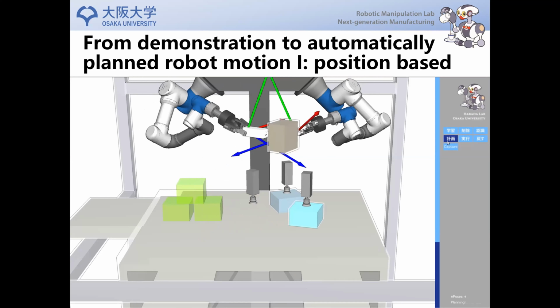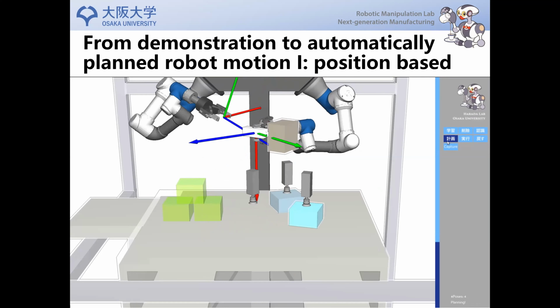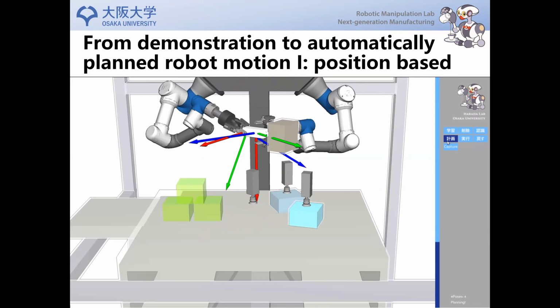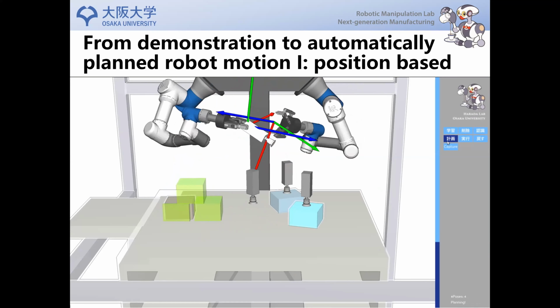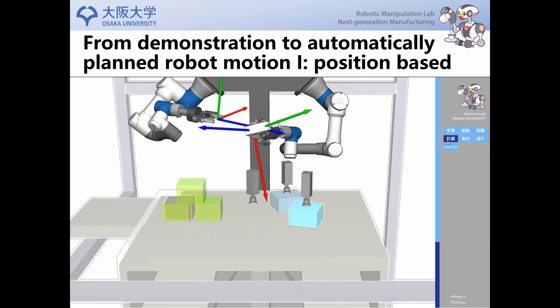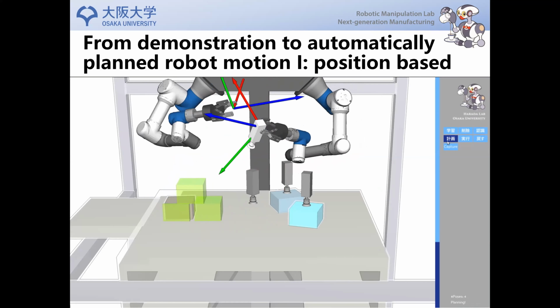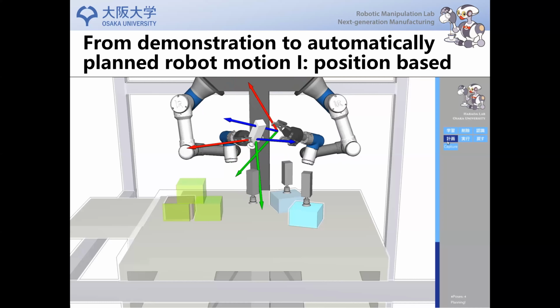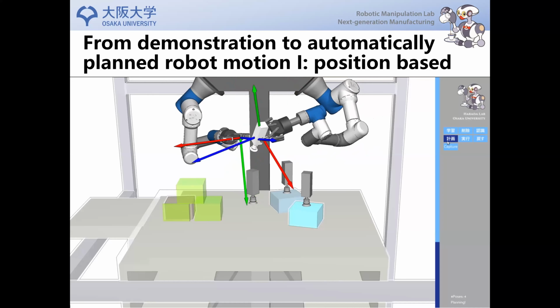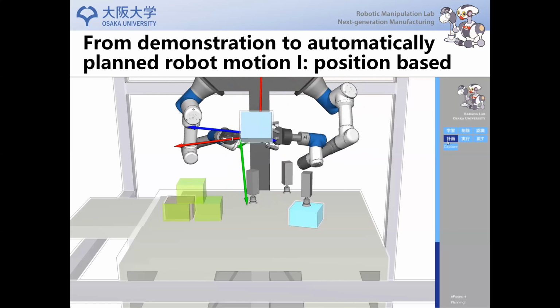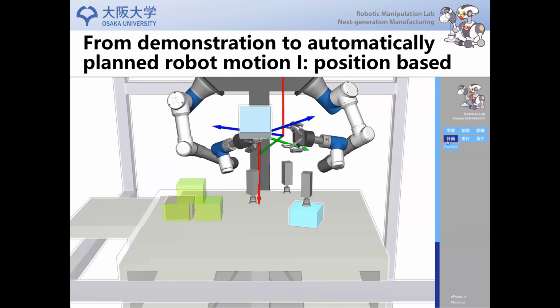And then the planning system will analyze the relative poses, determine the assembly sequence or placement sequence, and then automatically plan the grasps of this suction cup tool, and then determine how to pick up each object, determining whether it needs to regrasp and all of those things.